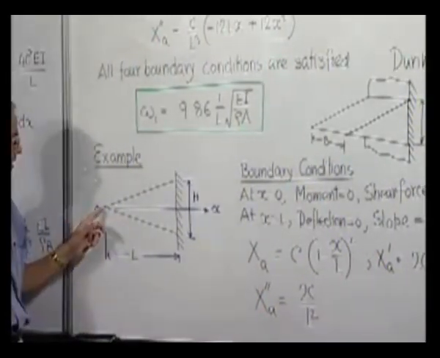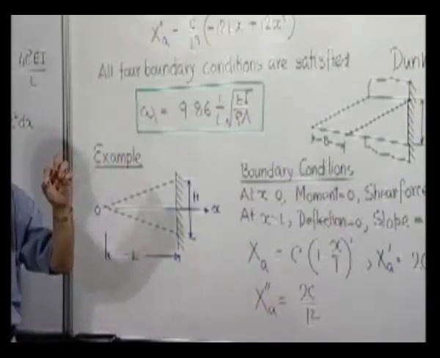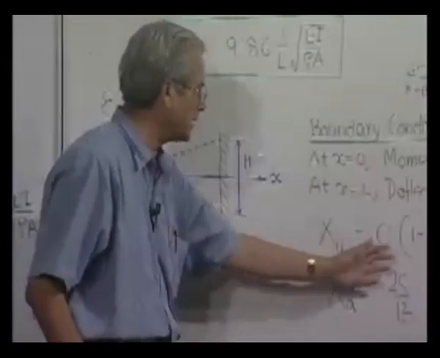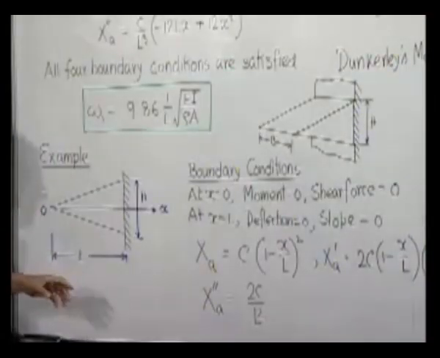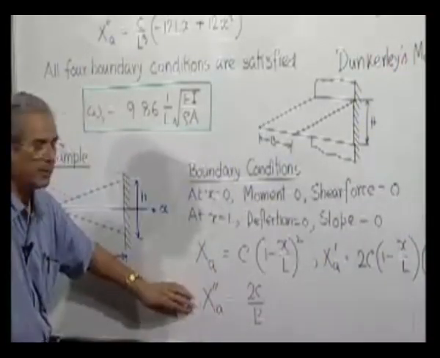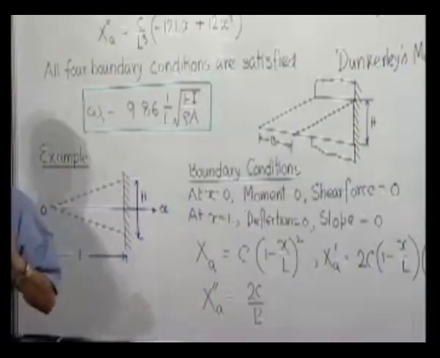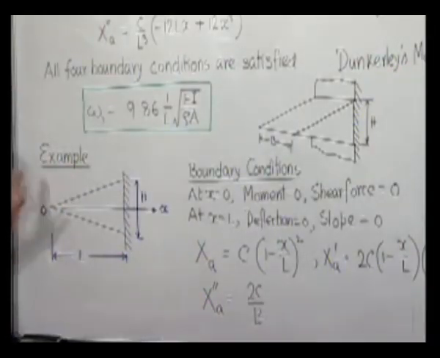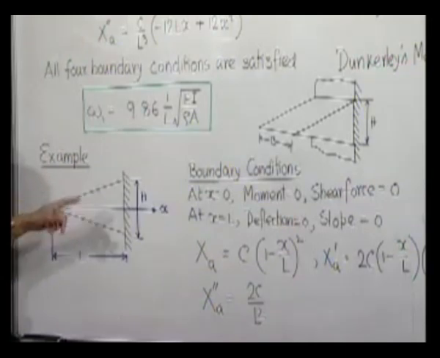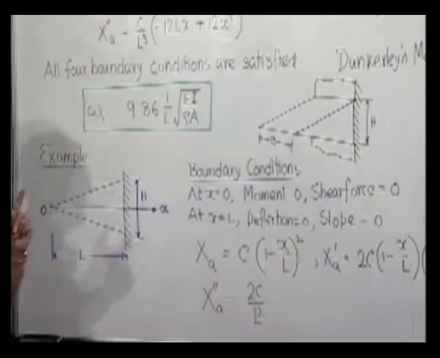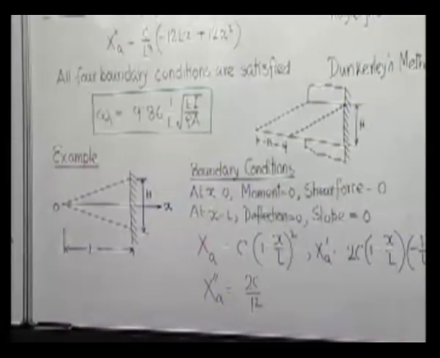Since cross-sectional area is 0 because it is coming to a point or a thin edge, whatever may be the value of this, moment applied will be not just this, but you have to take care of EI. So that EI is 0 because I is 0 at this end. Therefore, bending moment at this end is 0, though the second derivative is not 0. So this is a very important point to observe.